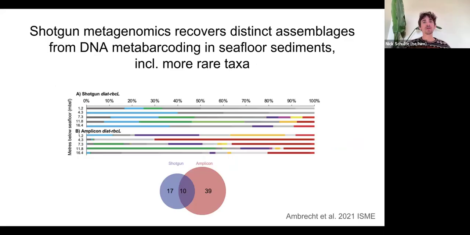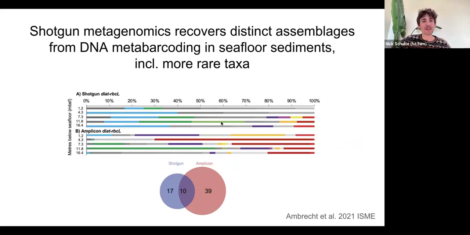So an example of shotgun metagenomics is some work that looked at seafloor sediment diatoms and compared shotgun and amplicon data. They winnowed the field to only this rbcL region using shotgun data and using amplicon or metabarcoding. Amplicon is that amplified region from metabarcoding.